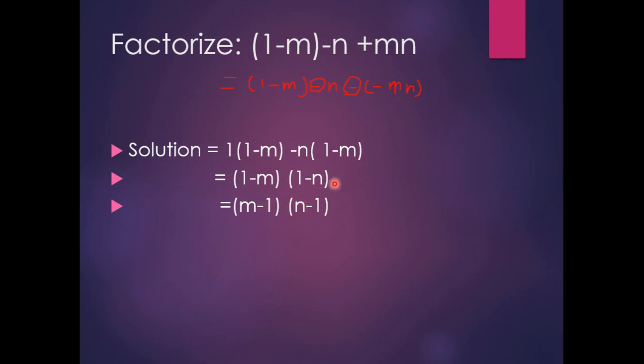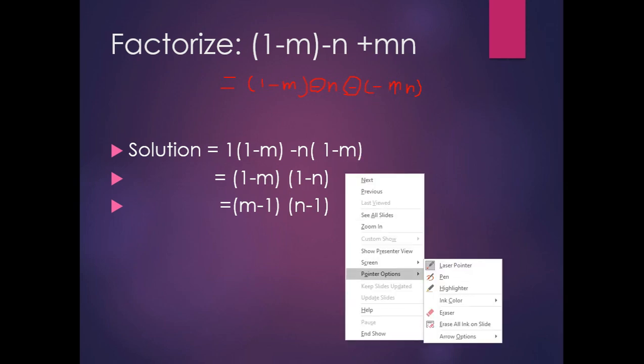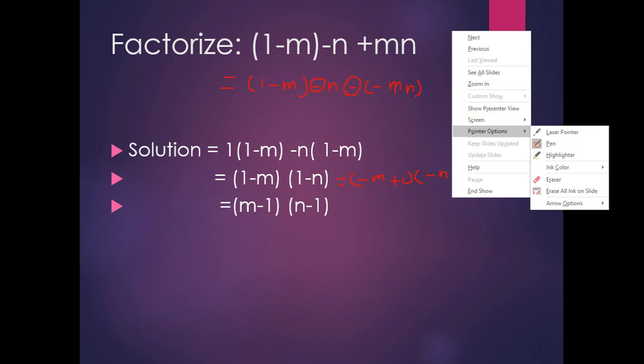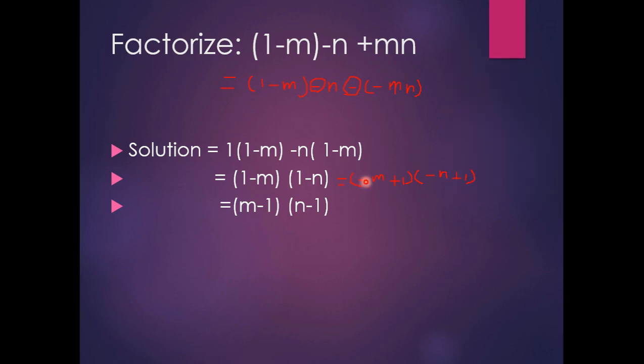Like before, in this way we can take out common. You can see here, from this step we can write like this: minus m plus 1, and in this also minus n plus 1, and like before this minus 1 will be common, so inside there will be m minus 1.